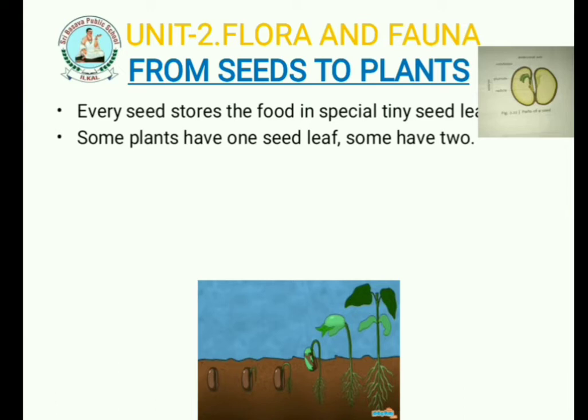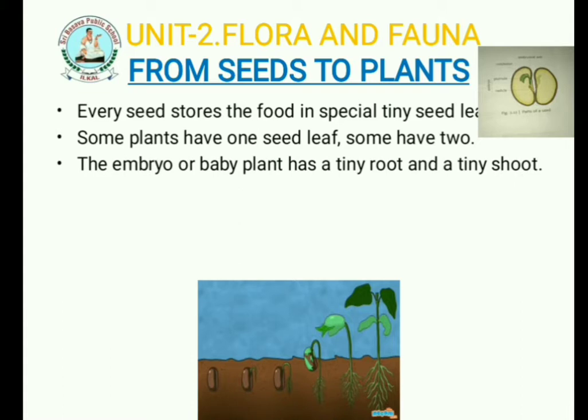Yeah, fine. So next point, the embryo or baby plant has a tiny root and a tiny shoot. A tiny root grows in the soil and a tiny shoot grows above the soil. So in the plant there are two types of parts.